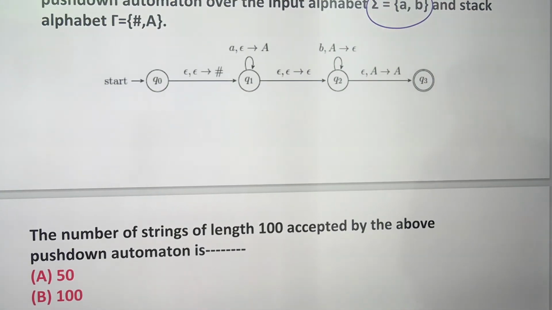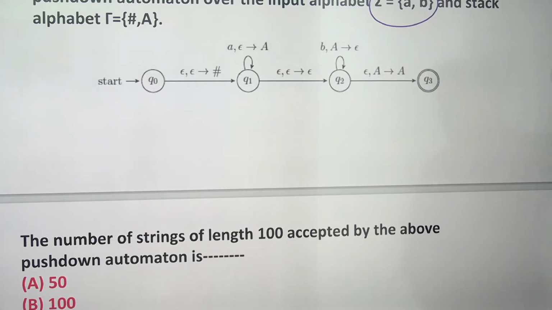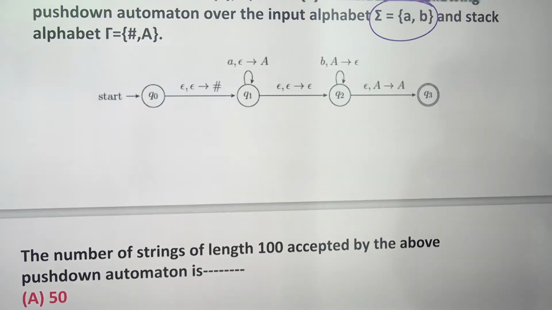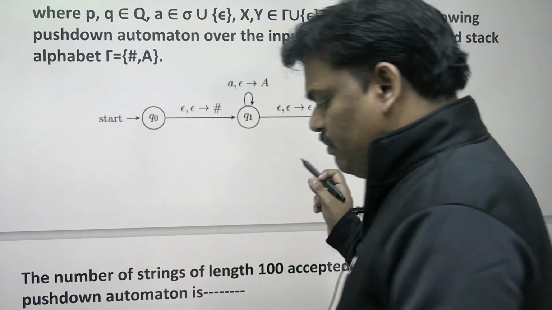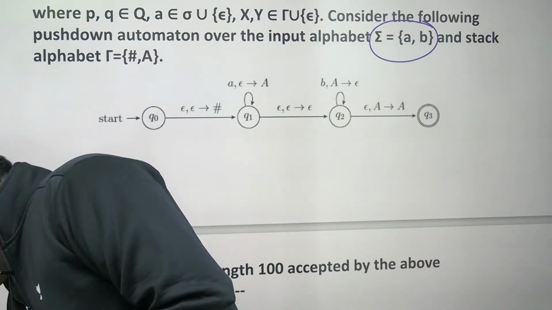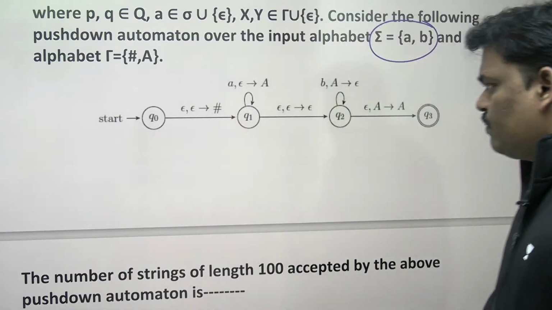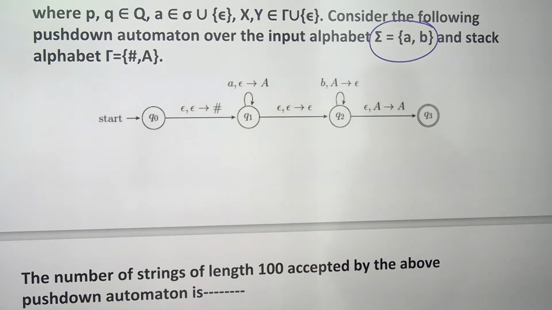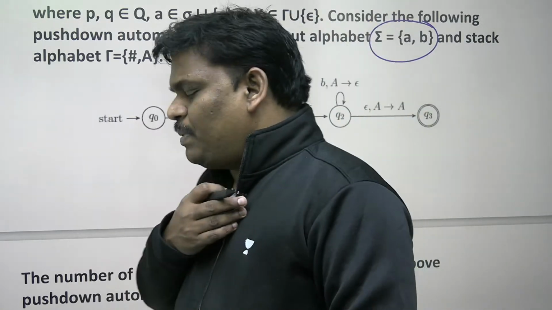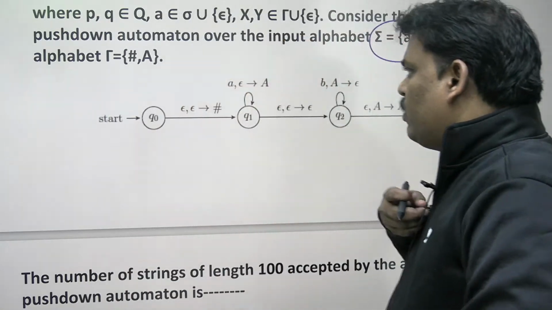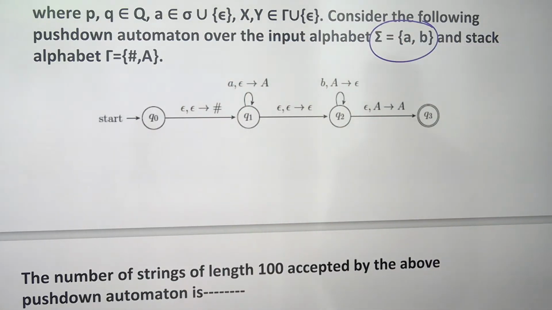I will maximize it a little more, and now it's fine. Check: in this PDA, how many 100 length strings are accepted? 100 length strings are actually 2 power 100. How many are accepted by this PDA? In one of the previous papers, this question was given. Can you try once?